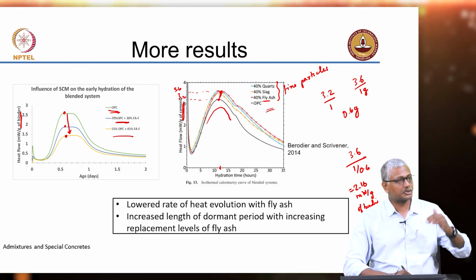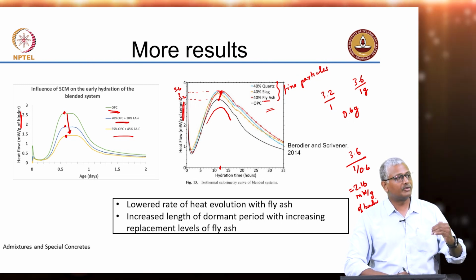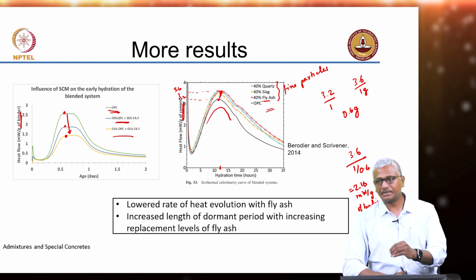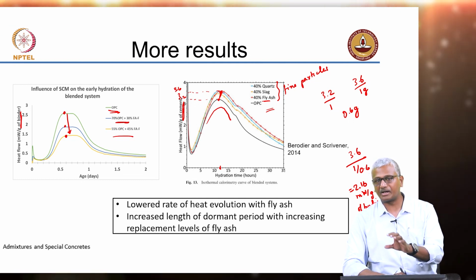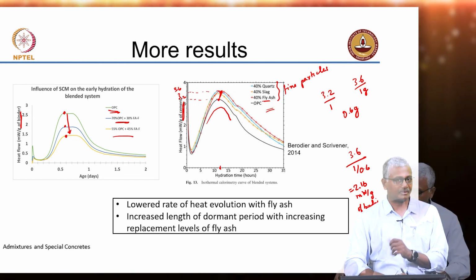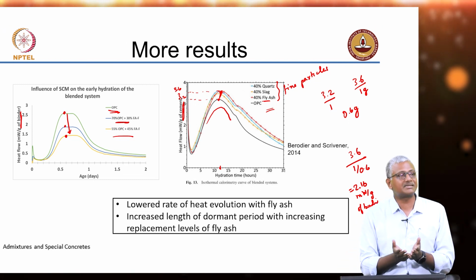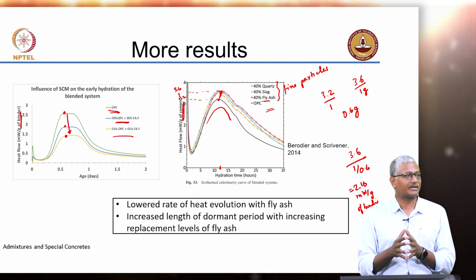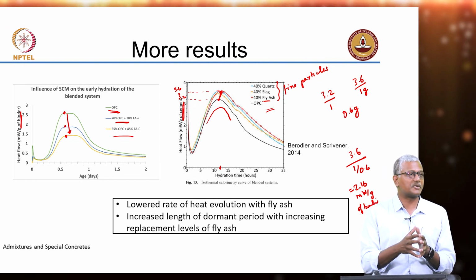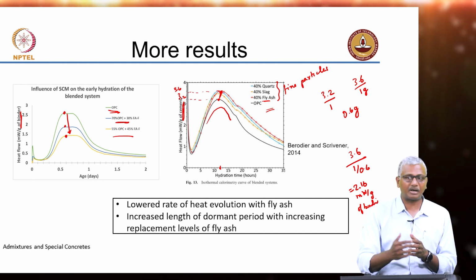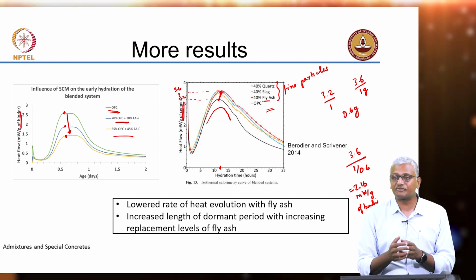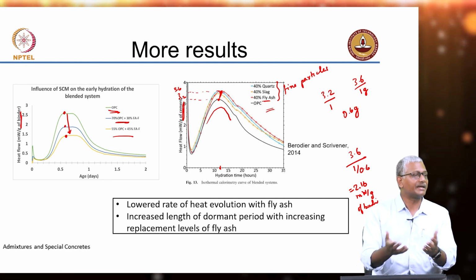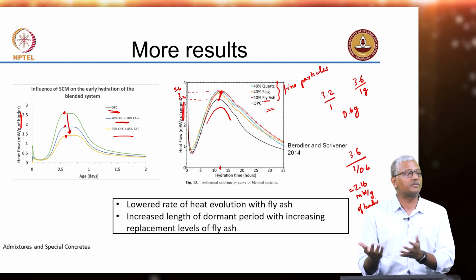That is why the actual heat curve will come down when you plot it in terms of milliwatts per gram of binder. Here you have plotted in terms of milliwatts per gram of cement. Okay. When you do heat studies with calorimetry, you need to pay attention to the fact that the result is presented either in terms of gram of cement or gram of binder. It should not look as if your entire system is becoming stronger or more reactive when you are replacing cement by 40% of fly ash.